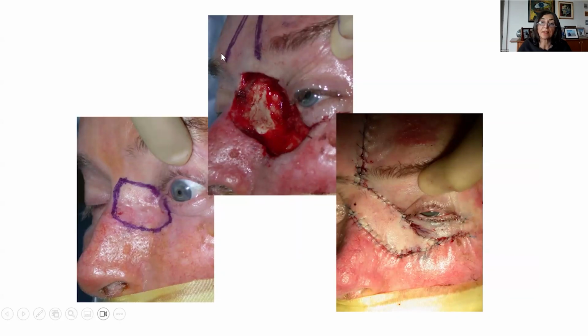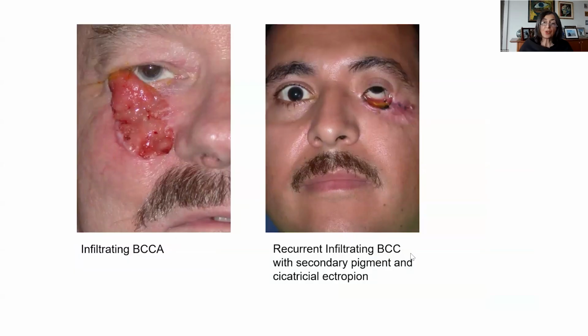Here you can see that the area is marked, and then it's rotated into the defect. It can cover even very large defects and does really well in the medial canthal area. So these are examples of large basal cell cancers. This one on the right is a recurrent case with some secondary pigmentation causing some cicatricial ectropion.